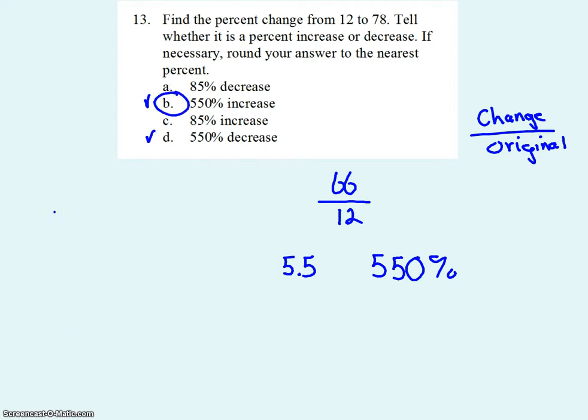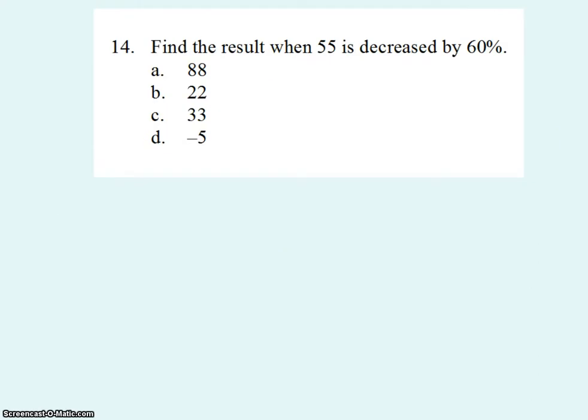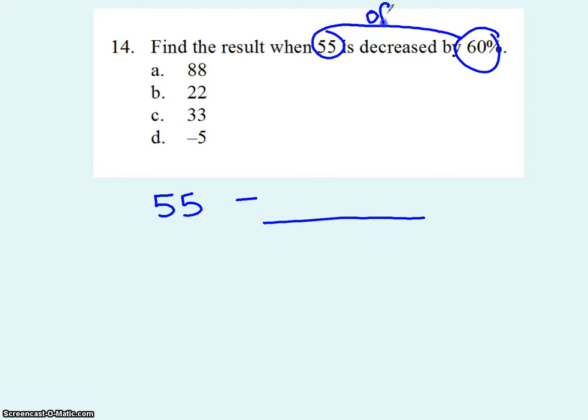Okay. And problem 14, find the result when 55 is decreased by 60%. So we're going to take 55 and decrease it by some amount. And it's going to be 60% of 55. So we need to figure out what 60% of 55 is.